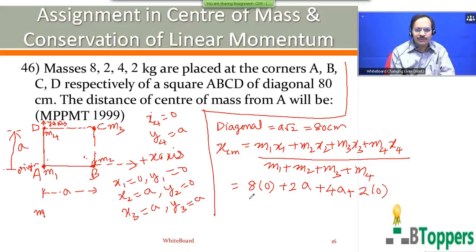Divided by M1 plus M2 plus M3 plus M4. This you can simplify.